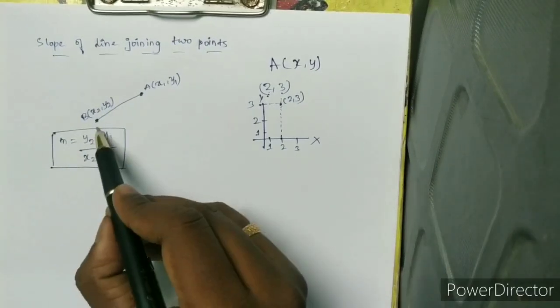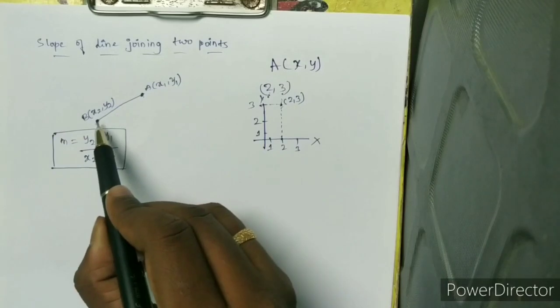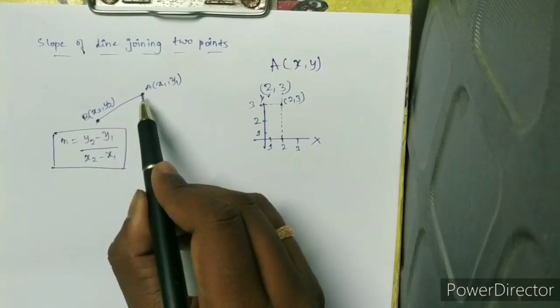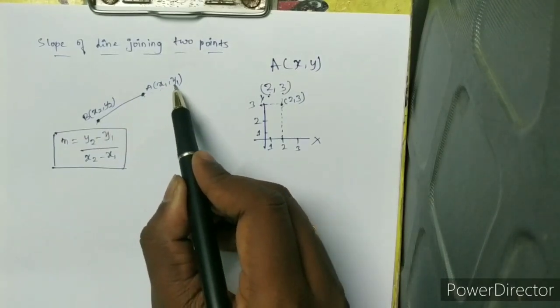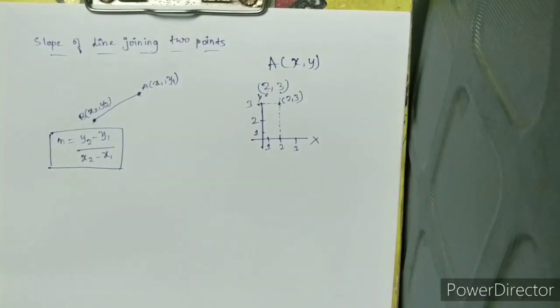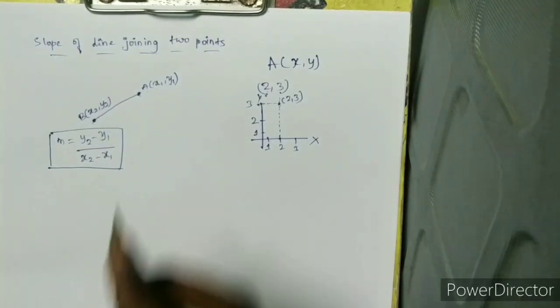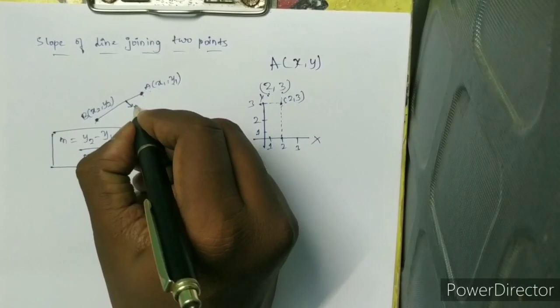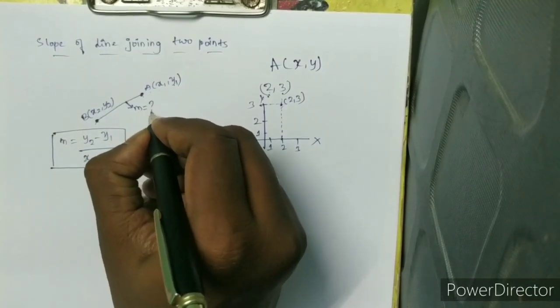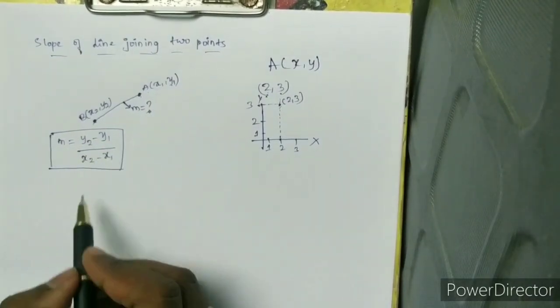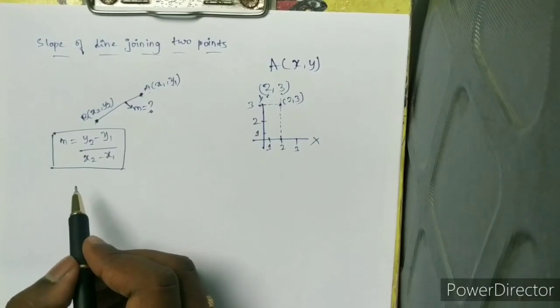You have 2 points and a line joining those 2 points. One point is A of x1, y1, another point is B of x2, y2. Then the slope of this line is y2 minus y1 by x2 minus x1.